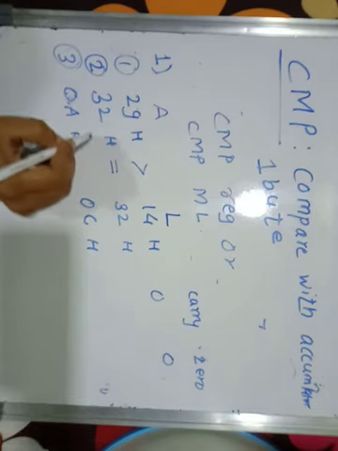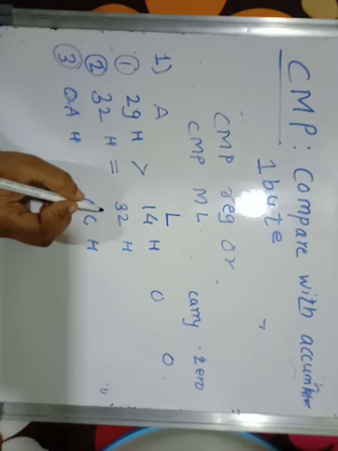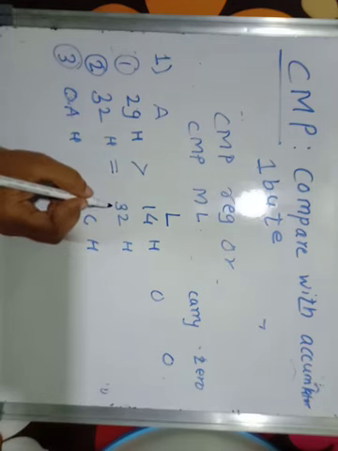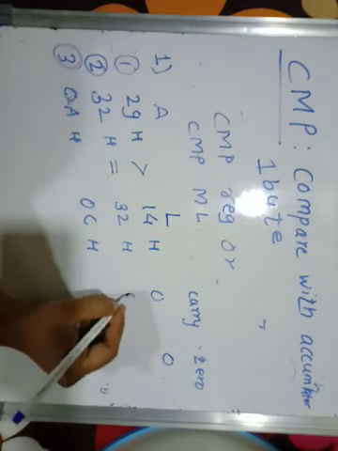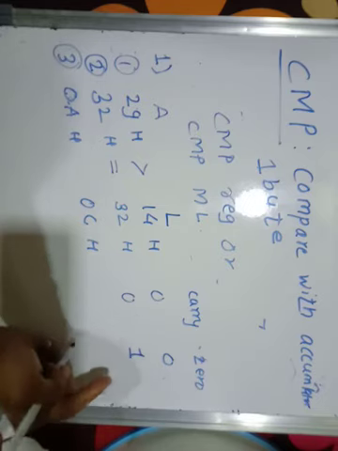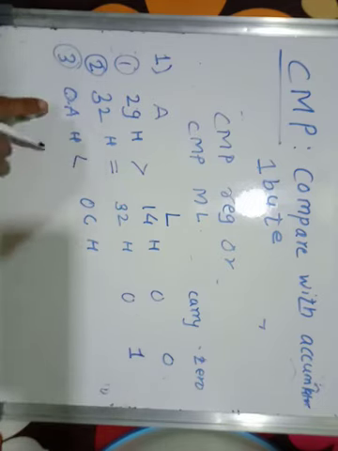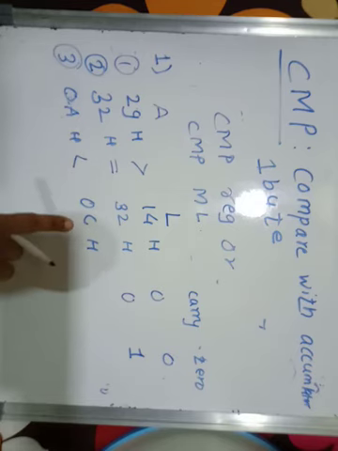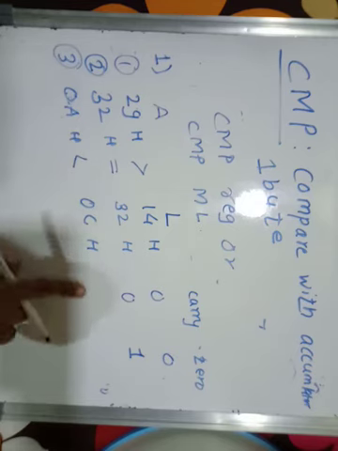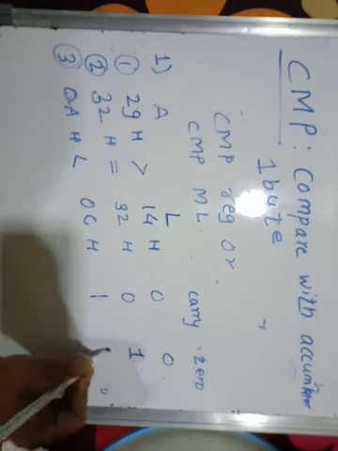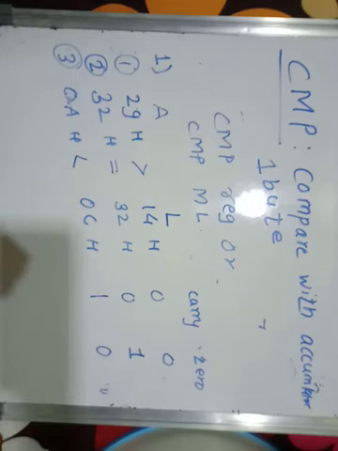If the content of accumulator is equal to the content of register L, then the zero flag is set. If the content of accumulator is less than the content of register L, then the carry flag is set. Less than, then the carry flag is set. Okay, so in this way we can find out the answer with the help of this comparison instruction.